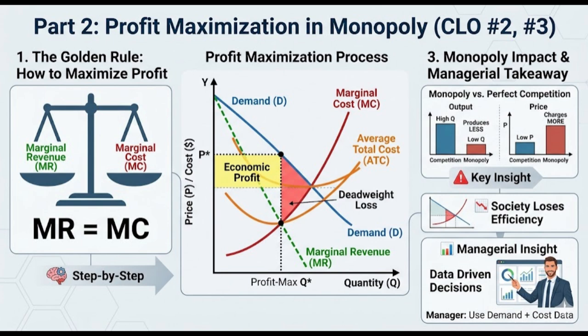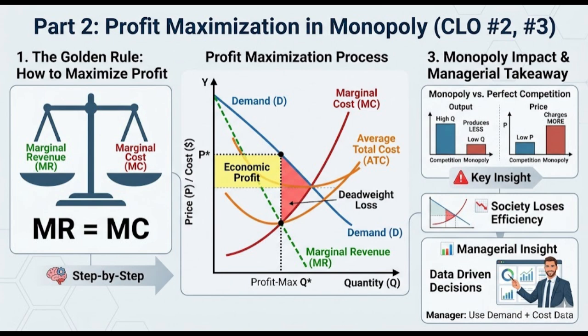Monopoly produces less output, charges a high price. And if you compare that to perfect competition, consumers pay more, society loses efficiency, and the efficiency lost by society is called deadweight loss.